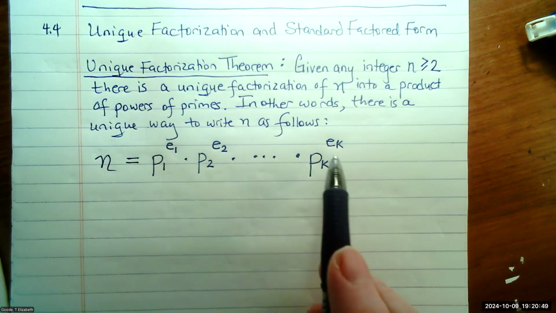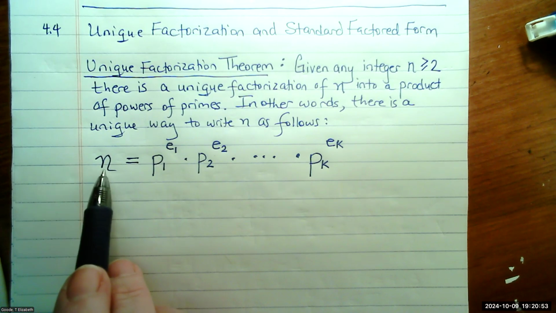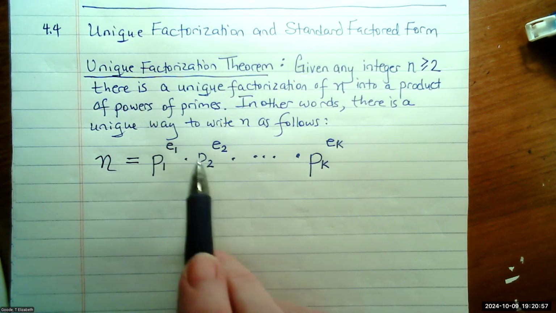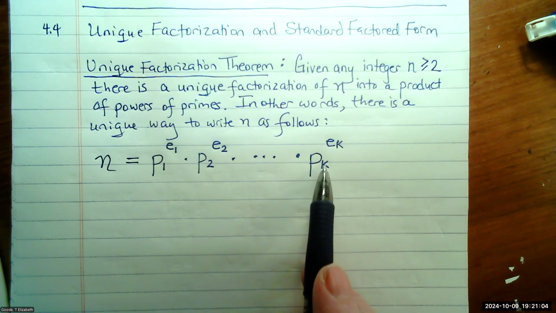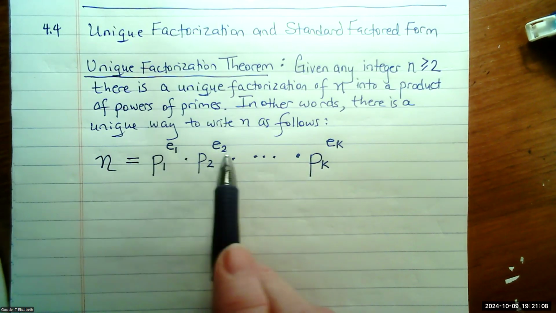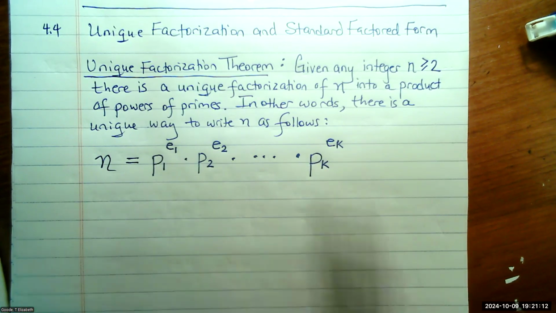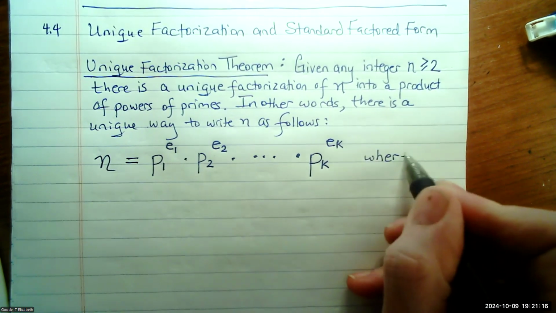We have introduced a bunch of variables, but n was the original number we were given. We didn't introduce that per se. But look, we introduced p1 and p2 and pk. Hey, we introduced k, which represents the number of different prime factors of n. And we introduced e1 and e2 up to ek. We've got to tell the reader what all that stuff means. So here we go. Let's do this work.